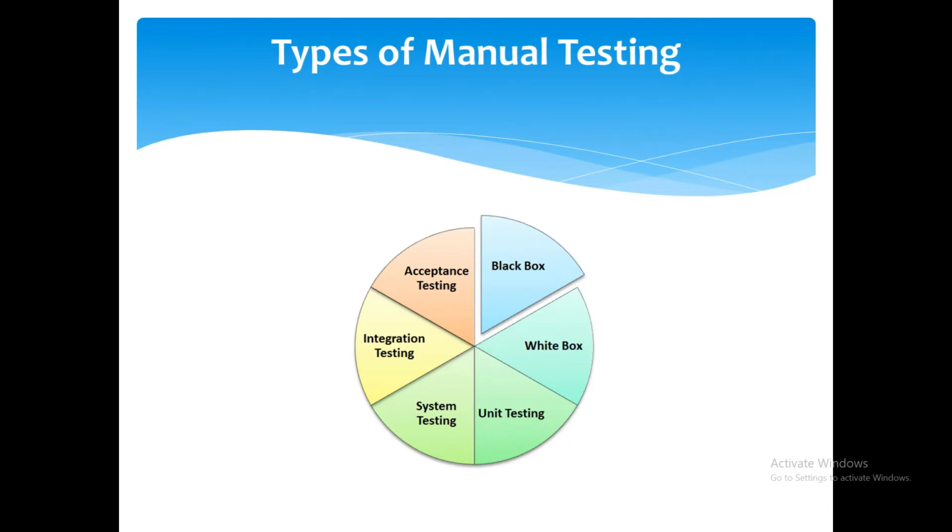Types of black box testing. There are many types of black box testing like functional testing, non-functional testing, and regression testing. Functional testing: this black box testing type is related to functional requirements of a system. It is done by the software tester.